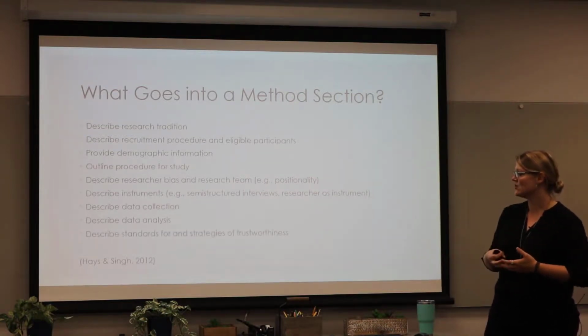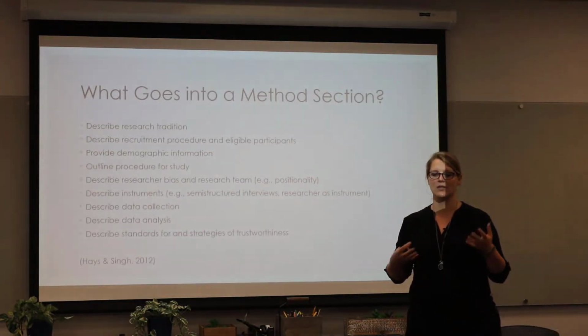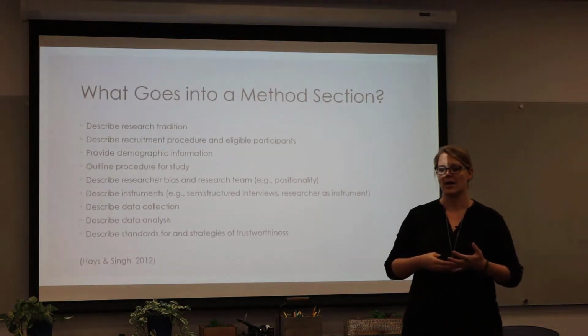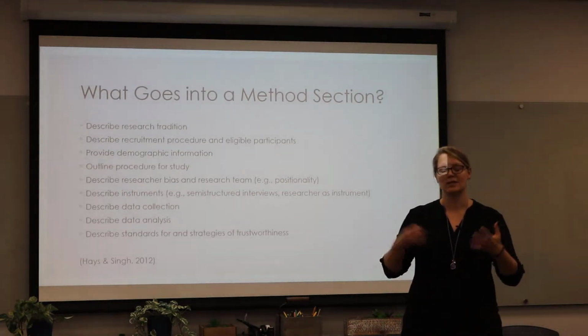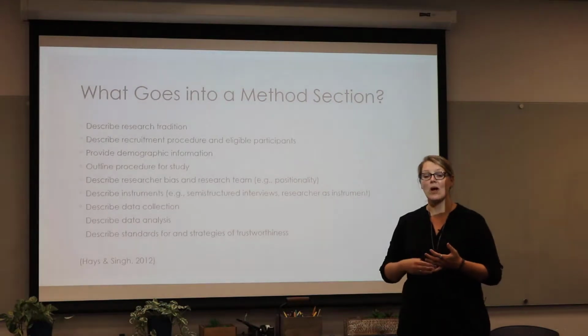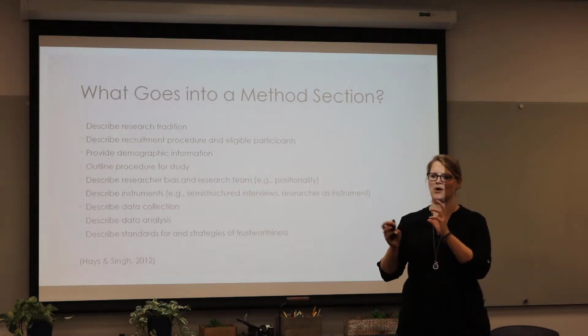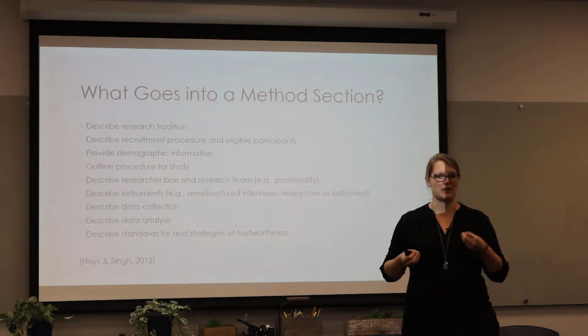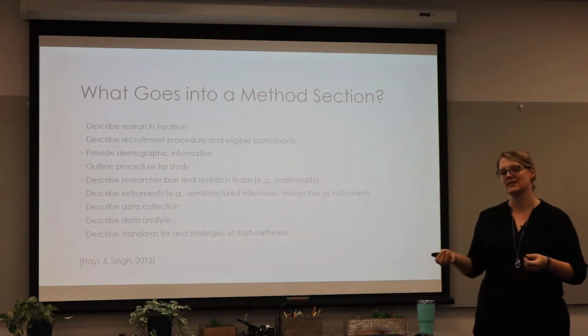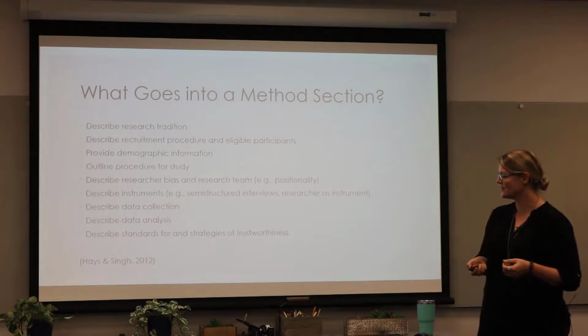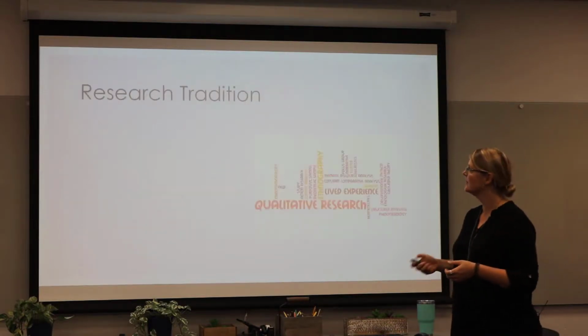And then the standards and strategies for trustworthiness. Trustworthiness is another way to describe the quality of our research. In quantitative research, it's usually called validity and reliability and the steps that you take for that. But in qualitative research, it's called trustworthiness.